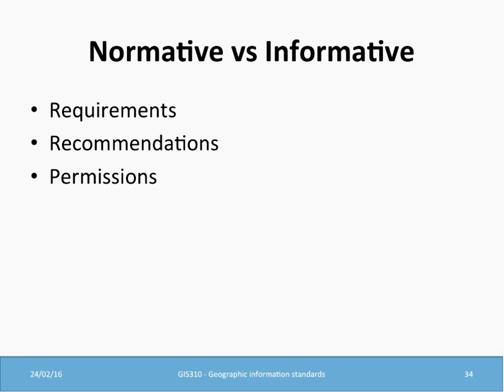What mostly happens is that you would take the international one and you would create something called a profile, which you select certain parts of the standard, decide if it's something that should be mandatory or optional, and you create a specialized version of the standard.